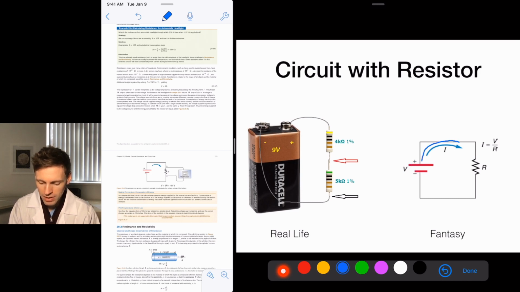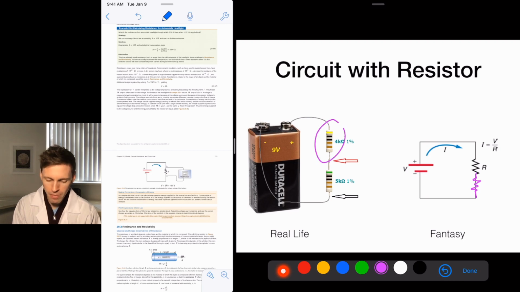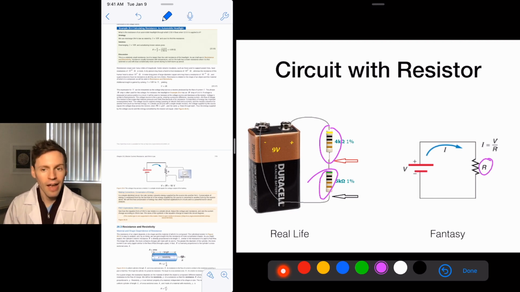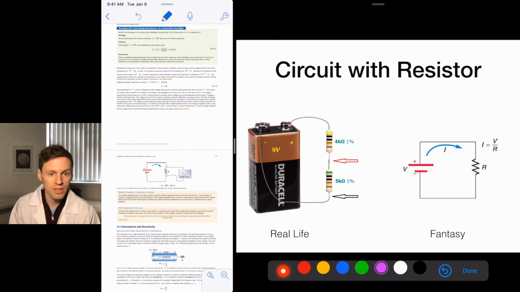Current flows from the positive side to the negative side, and then we've got a resistor in here, or in the case of the picture, we would actually have 2 resistors if we wanted to match the 2 resistors we see here. But these 2 resistors are in series, so we could just add them up in series to get 1 resistor, which is something you will be comfortable doing.